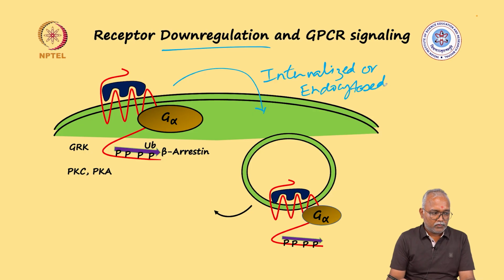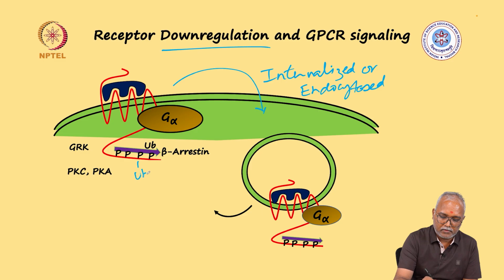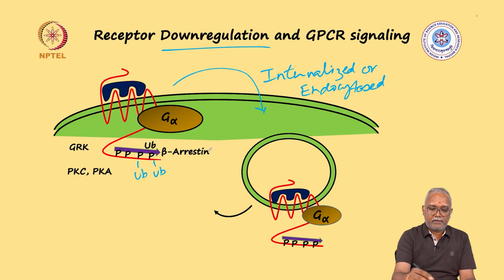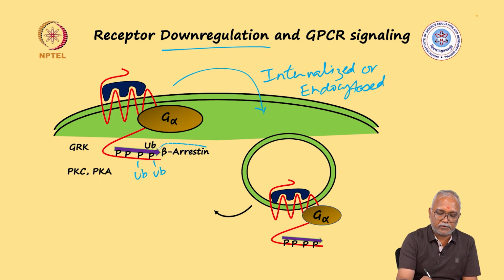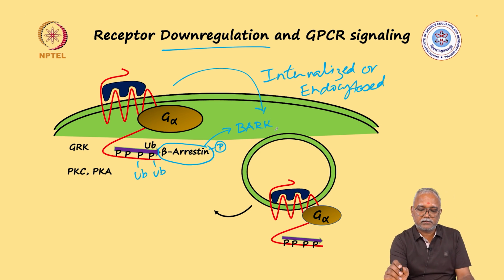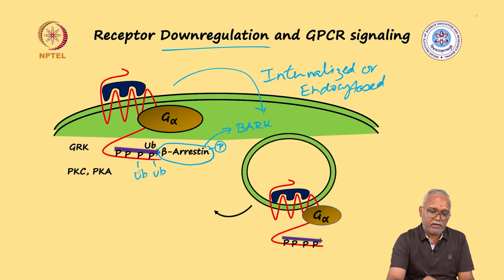So you will see that the receptor is ubiquitinated in response to this beta-arrestin binding and the phosphorylation which is happening. I told you that this beta-arrestin can be phosphorylated by one of the kinases, and one of the kinases which is promptly working on the beta-arrestin is called BARK, or beta-arrestin kinase. They phosphorylate, and this situation is recognized and you see the ubiquitination of the receptor happening.